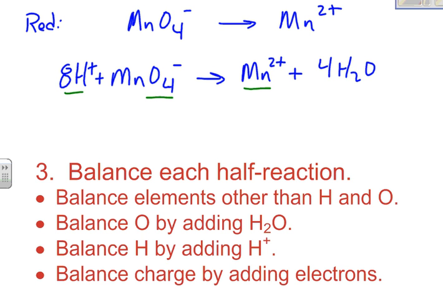So I'm going to have to add 5 electrons to the left side to balance that out. So my 5 electrons, my 8 protons, and the -1 charge on the permanganate add up to a 2 plus. And then over on the right, I've got my manganese that's got a 2 plus. So I've now successfully balanced the reduction half reaction.